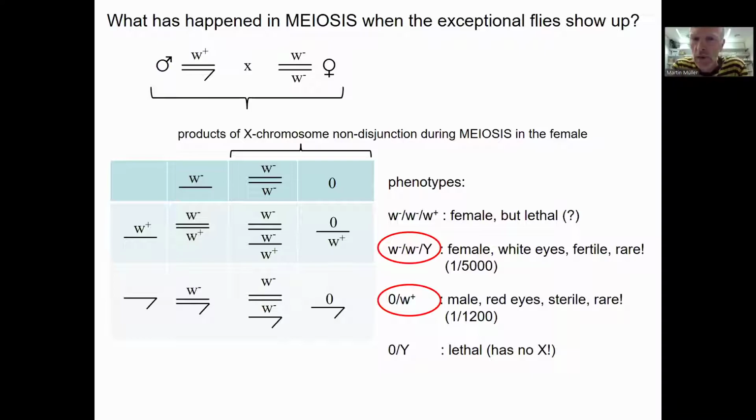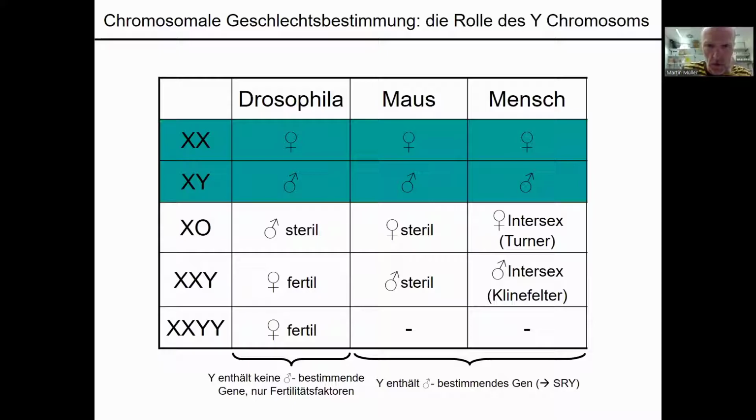So this indicates to you that something happens a little bit different than in us. And that is here summarized on this slide here, the role of the Y chromosome in sex determination.